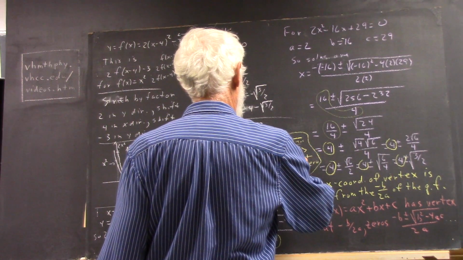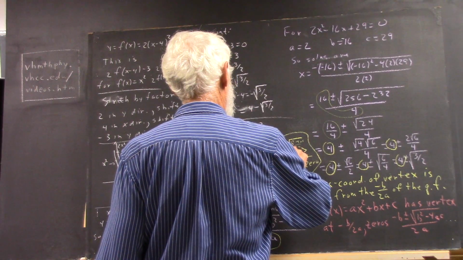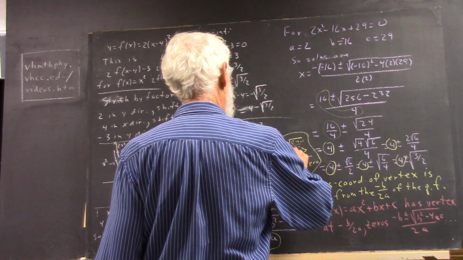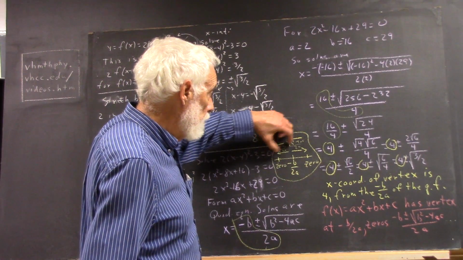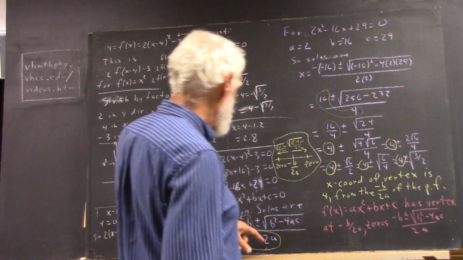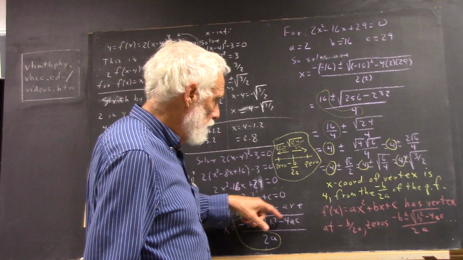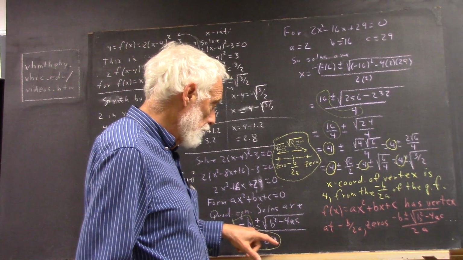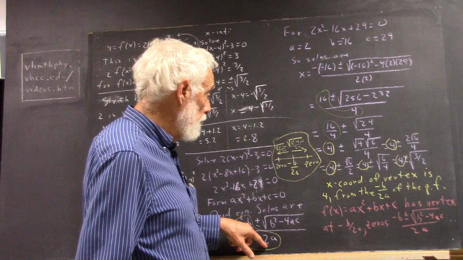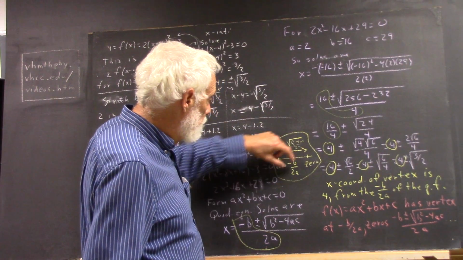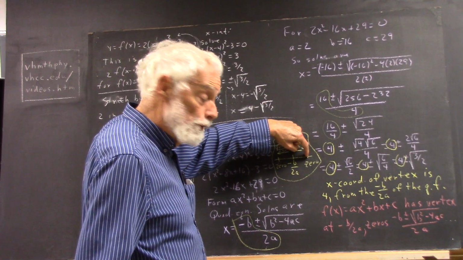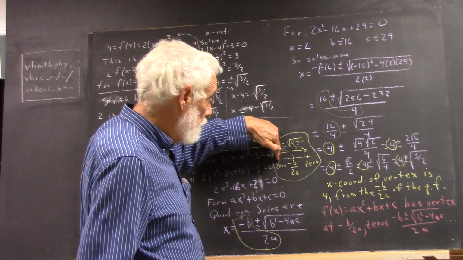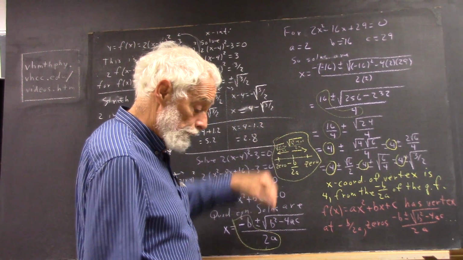You can't read it anyhow. It's a square root of b squared minus 4ac, all divided by 2a. And that's what I've written here and what I've written here, just the expression square root of b squared minus 4ac divided by 2a. That's how far you've got to move to the right of negative b over 2a to get this zero, and to the left of negative b over 2a to get this zero.